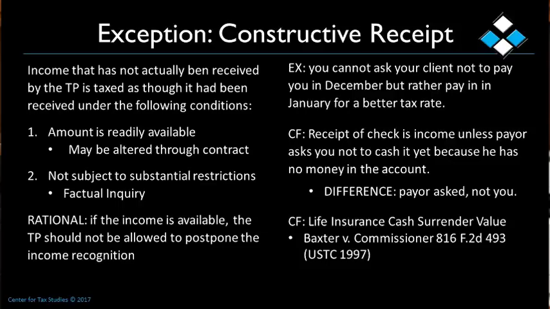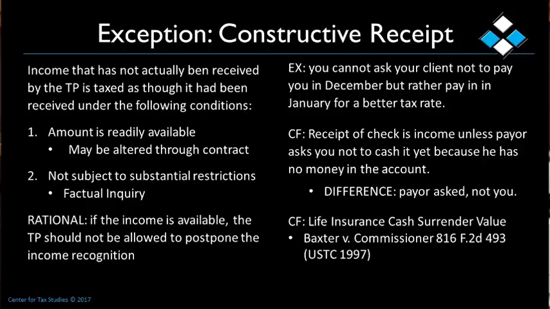So in technical terms, there is no constructive receipt of income with the cash surrender value, even though the policy owner has the right to withdraw the cash value at any time. And this is because the constructive receipt doctrine does not reach income the taxpayer is not entitled to receive, even though the taxpayer could have contracted to receive the income at an earlier date.